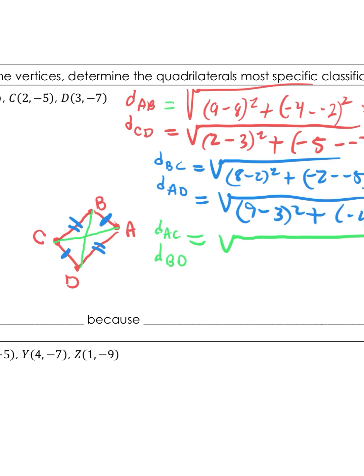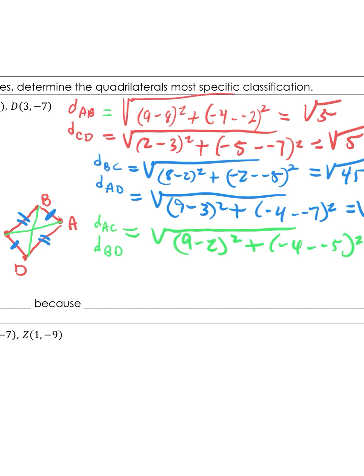It would be (9 minus 2) squared plus (negative 4 minus a negative 5) squared. So 9 minus 2 is 7 squared is 49. Negative 4 plus 5, that's 1. 1 squared is 1, so 49 and 1 is 50. So the square root of 50.